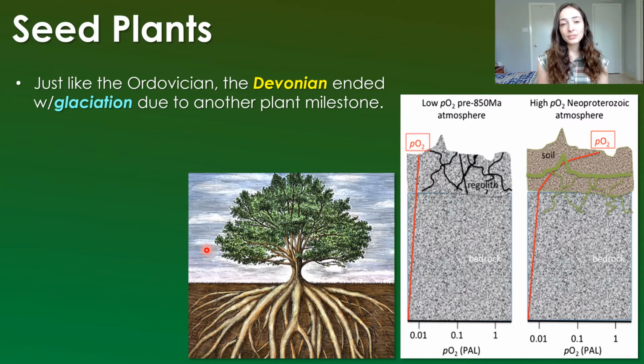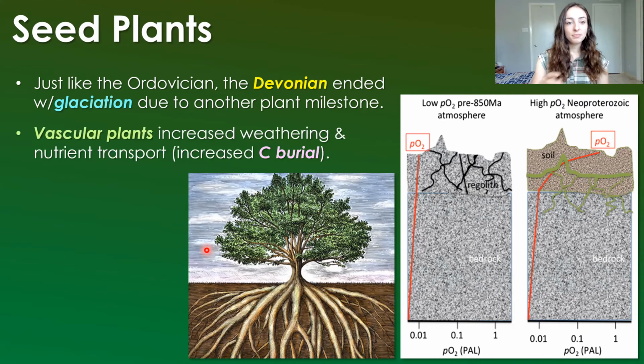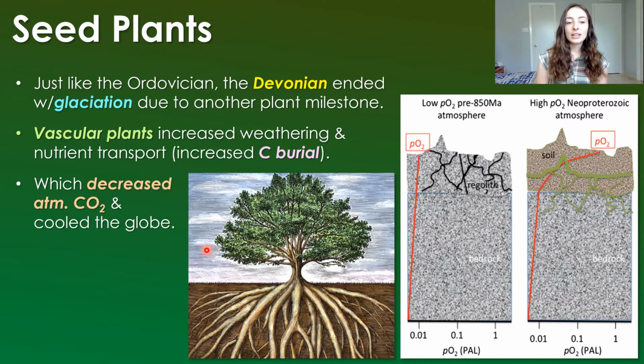And just like the Ordovician, the Devonian ended with glaciation due to this next plant milestone that happened during the Devonian. When vascular plants spread throughout the lands, a major increase in weathering and nutrient transport increased, again, carbon burial, which again decreased carbon dioxide in the atmosphere and cooled the globe.